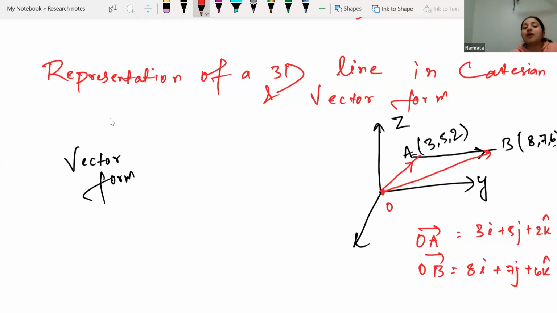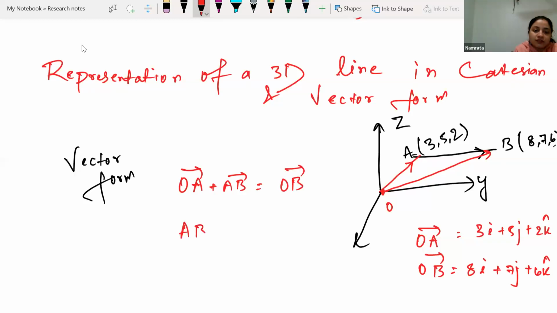Now, according to vector addition, what can we write? We can write it like the previous one. Let me write it properly without skipping any part. OA plus AB is equal to the resultant vector, that is OB.